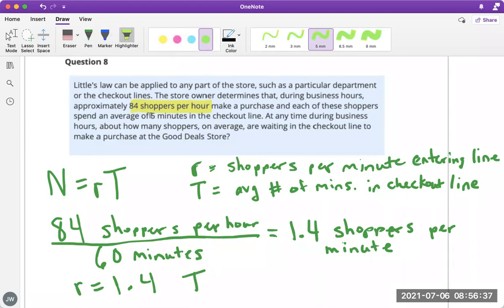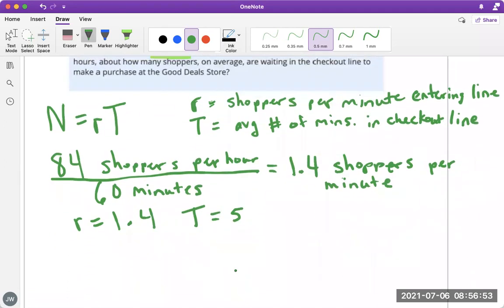The problem gave it to us: 5 minutes. And all we have to do then, so not a very complex math problem, but you do have to dig out the information. So just some conversion.